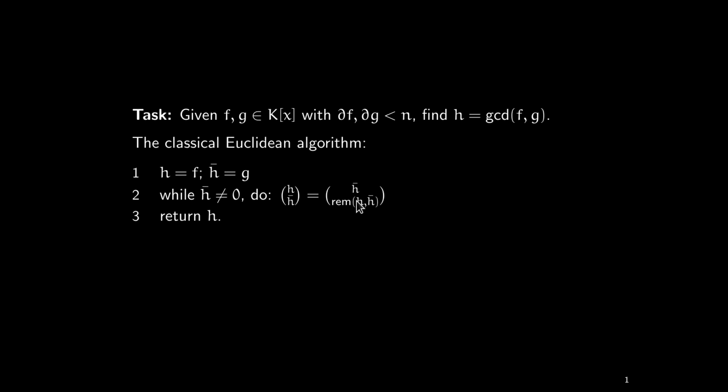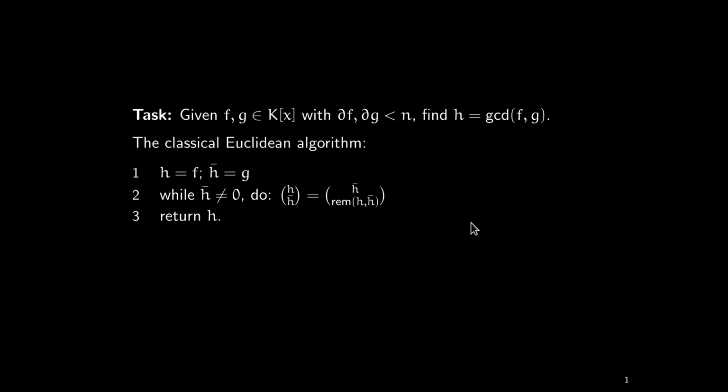As long as it's not 0, I'm doing an update and replace h and h bar by h bar and this remainder. I don't know how long this takes, but I know that it finishes some time because this gets smaller in every iteration and it cannot get smaller indefinitely often. So eventually, at some point, I will reach 0 here, and when I reach 0, then the other component is the GCD.